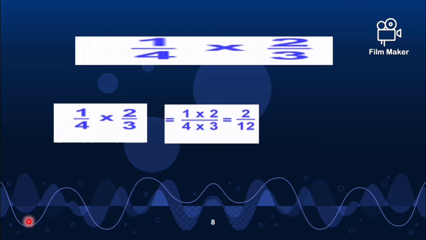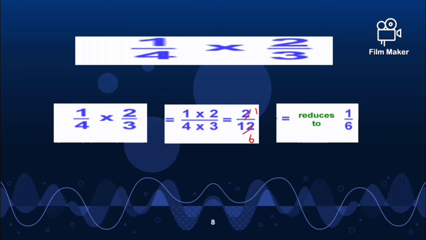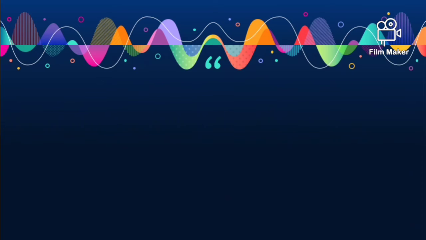So what we do? We will divide: 2 1s are 2 and 2 6s are 12. So the final answer, or the reduced form, is 1 by 6.